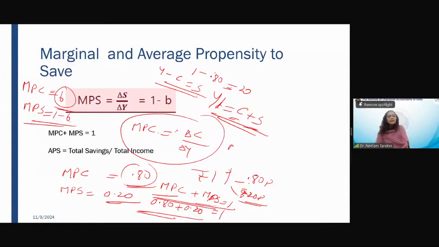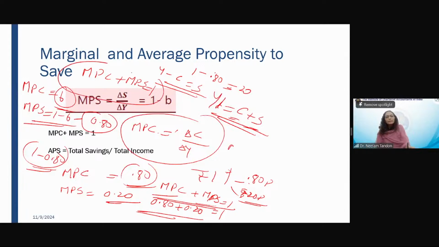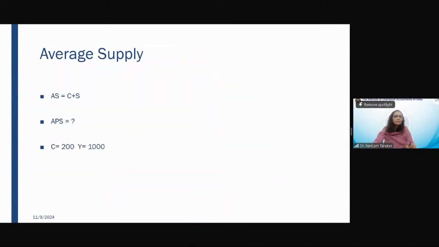What it means is, if the value of b is 0.80, then what will be the value of MPS? 0.20, that means 1 minus 0.80. Okay, so MPC plus MPS is equal to 1. So this is the relationship between MPC, marginal propensity to consume, and MPS, marginal propensity to save.